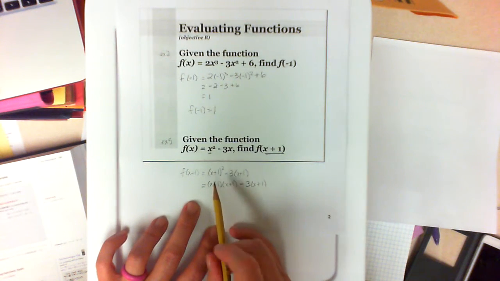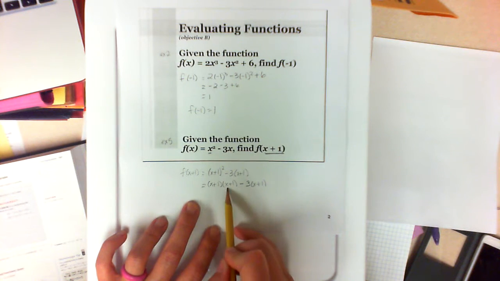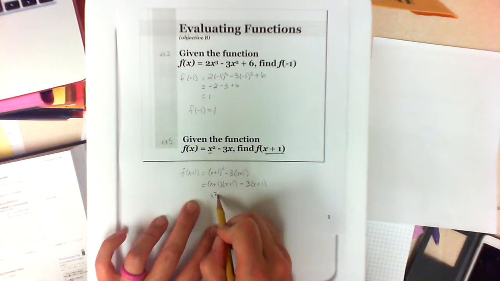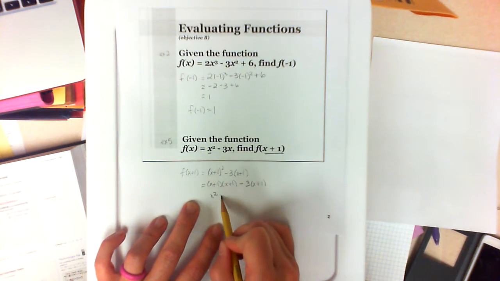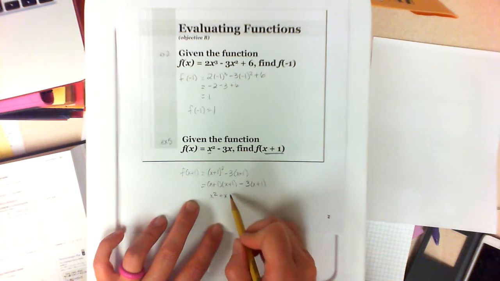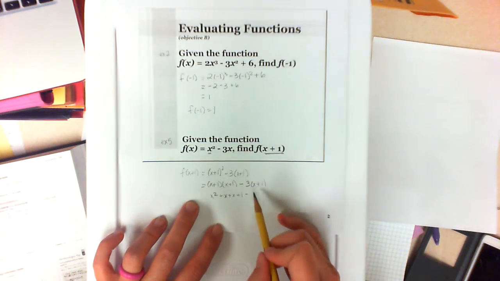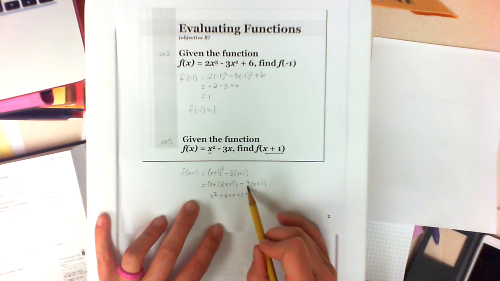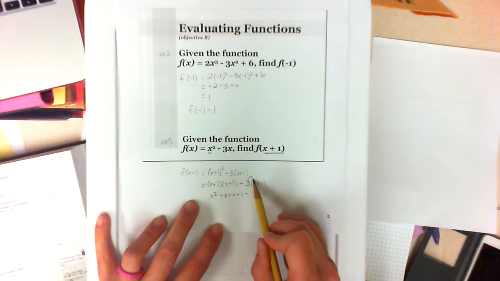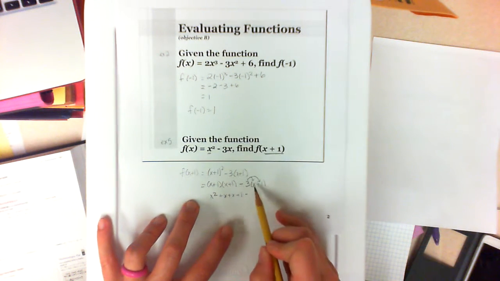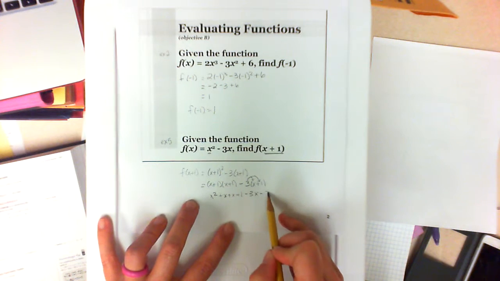So if I use FOIL, it's the first times the first, x squared, outside times the outside, plus x, inside times the inside, plus x, last times last, plus 1, minus, and I'm going to distribute right now, so -3 times x, and then the last term, -3x minus 3.